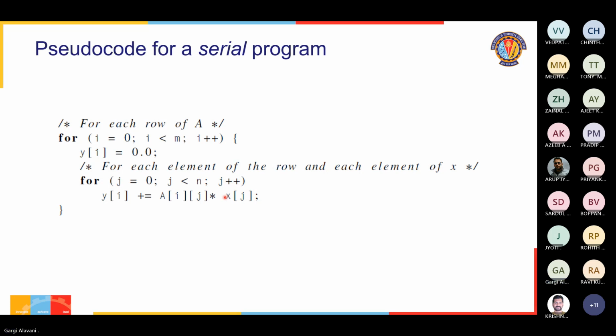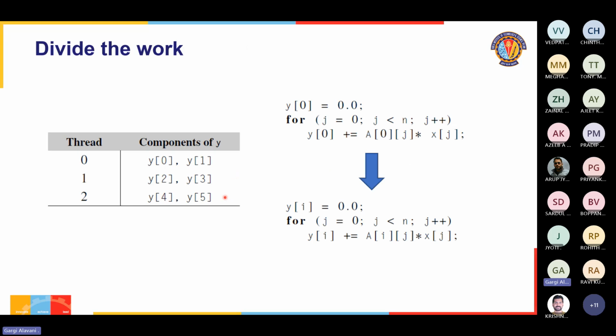So what we can do is take the number of threads that your system can support, and based on the size of this column vector, we can directly divide the number of elements by the number of threads that we have.